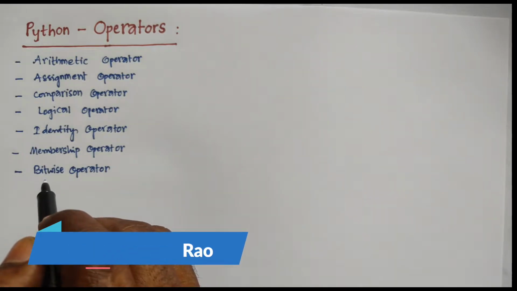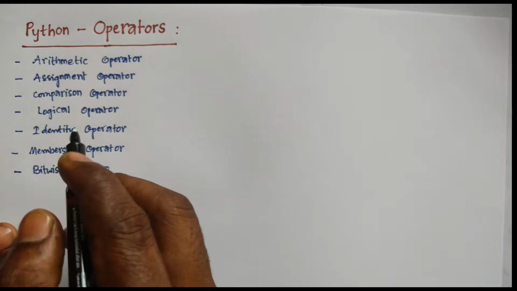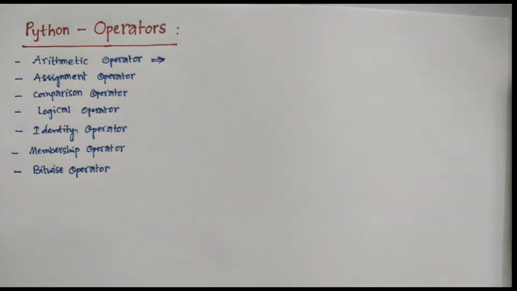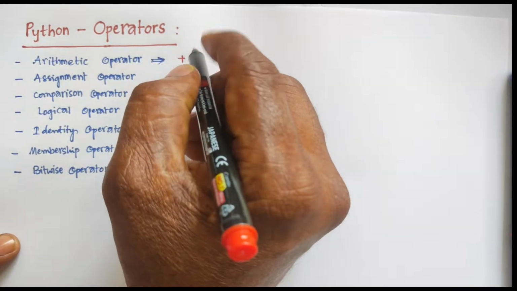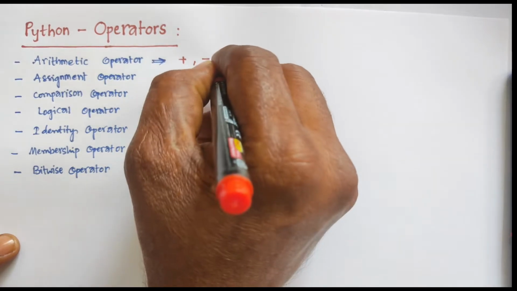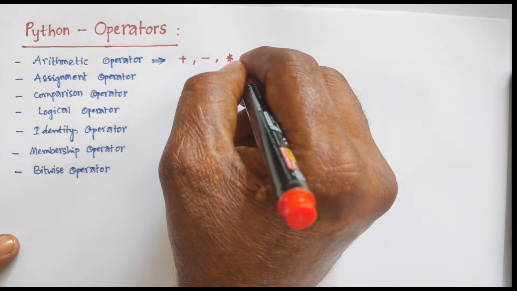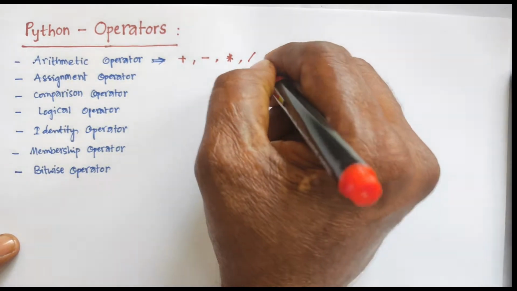Okay. So, what is the role of the arithmetic operator? Which type of operator do we have to use? In the arithmetic operator, you use the plus symbol, minus, into, multiplication, and this is division.